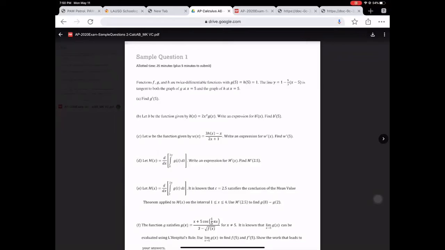Like on a problem that we did before, they asked when is it increasing, and if you just write T is between 5 and 6, that's not really answering the question. You have to say it is increasing between 5 and 6. And what's increasing? Well, F is increasing between 5 and 6. So just be clear and concise with your answers and make sure you are answering the question.